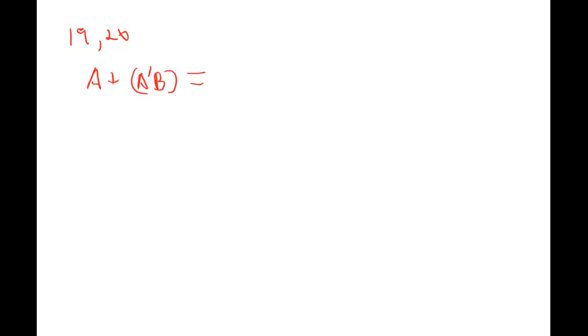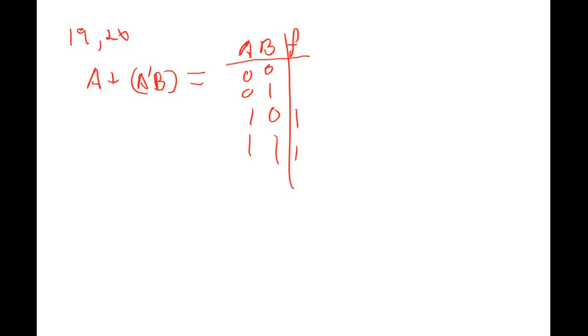Well, one thing you could do is you could make a truth table. Now, it's going to be true if A is true, so it'll be true in here. But what if A is equal to 0 and B is equal to 1? It should also be true. What if A is equal to 0 and B is equal to 0?